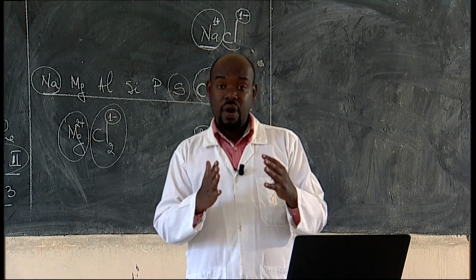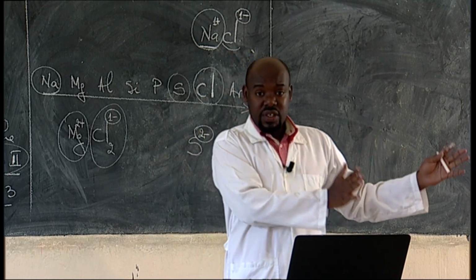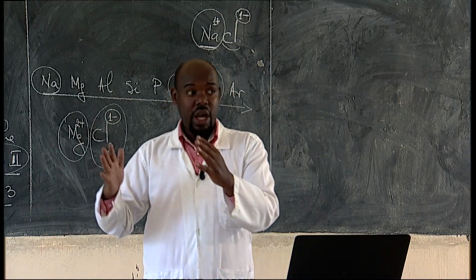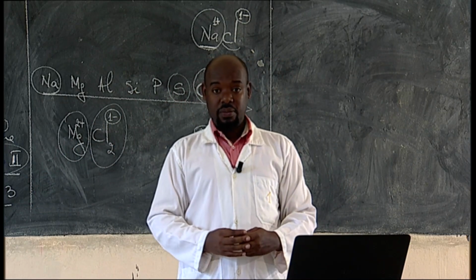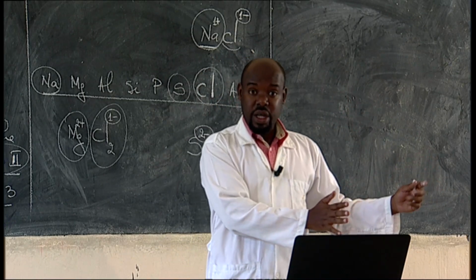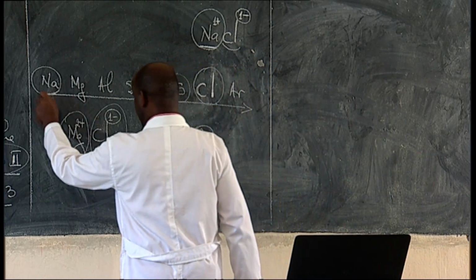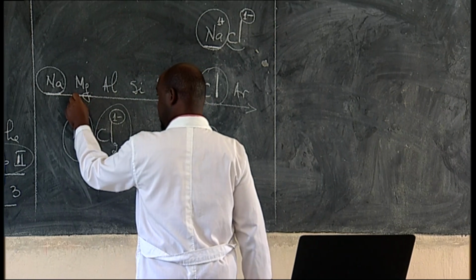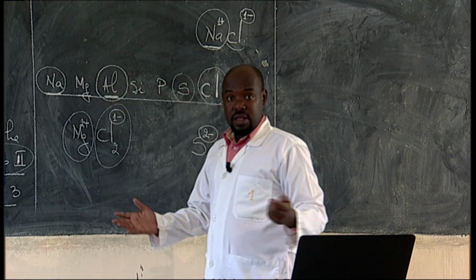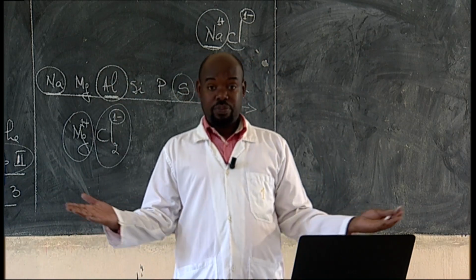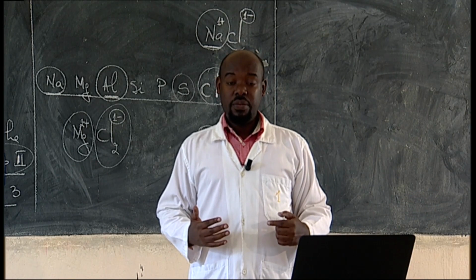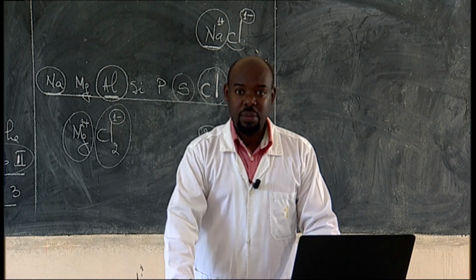So we usually find that on the left side we have metals, while on the right side we have non-metals. Okay? On the left side we have metals. For example, sodium is metallic, magnesium is metallic, aluminium is metallic. I hope you know some materials which are manufactured using aluminium, like the saucepans, for example.